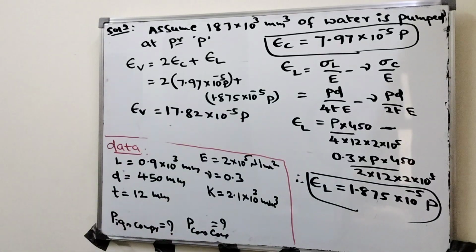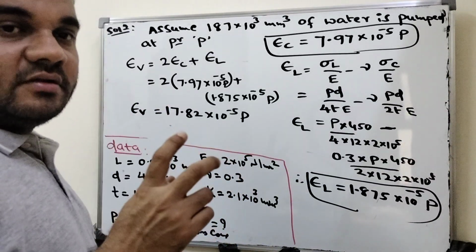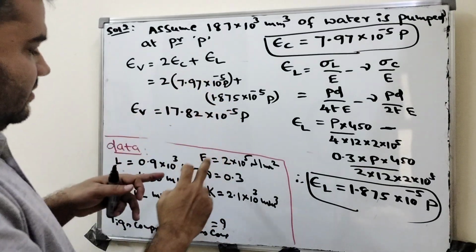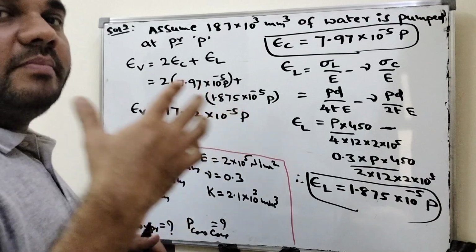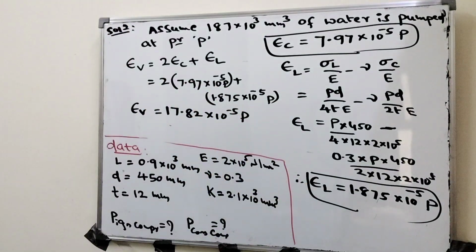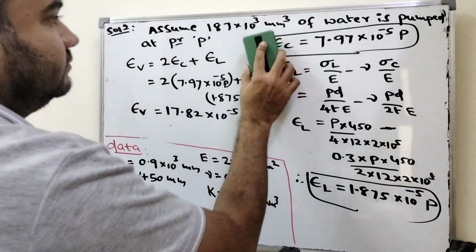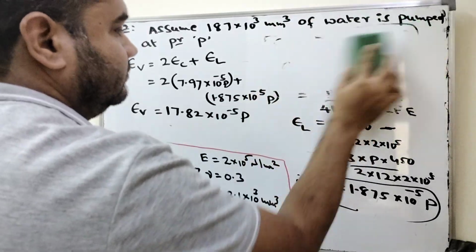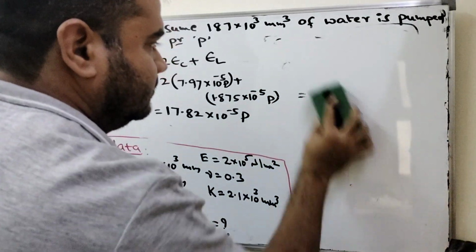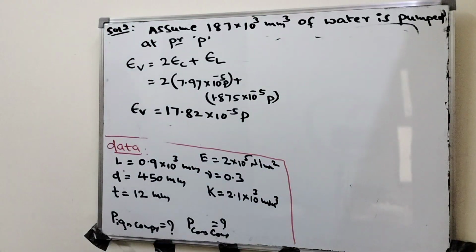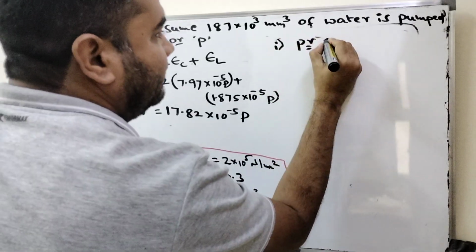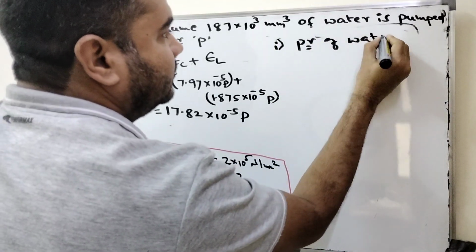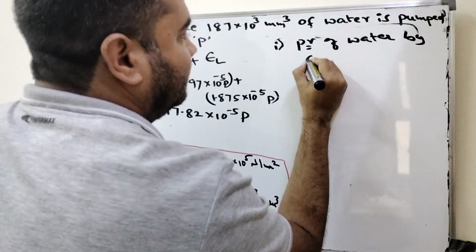First one, we have to calculate the pressure when the volume of water is pumped by neglecting the compressibility. The first bit is pressure of water by neglecting compressibility.